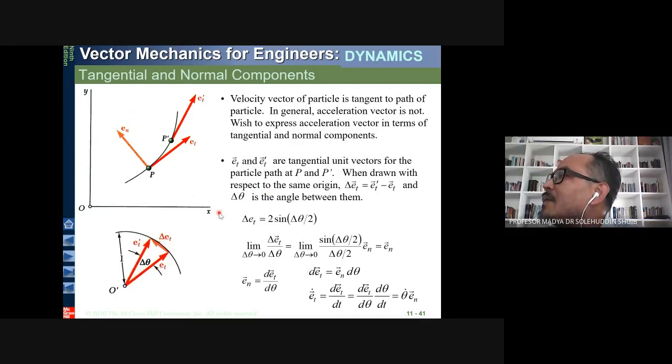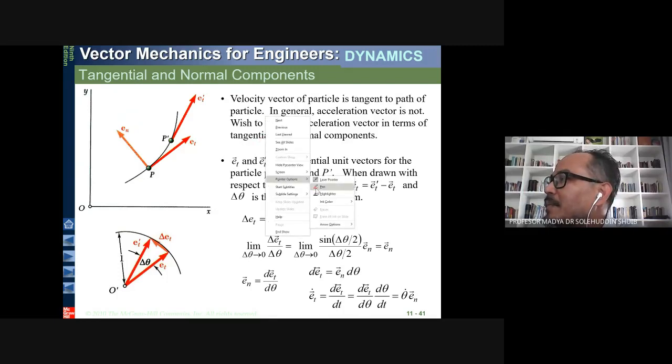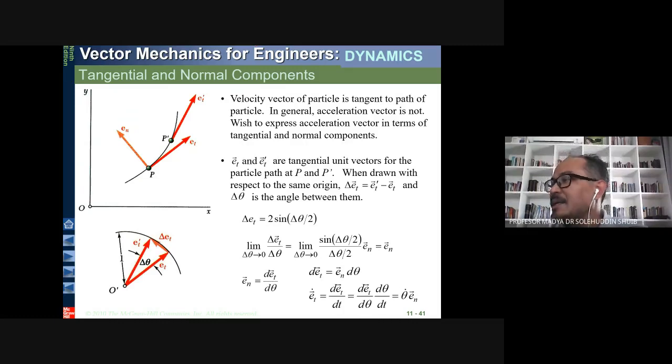We can write it by using this formula. What I would like to highlight here is we want to express the acceleration vector. So our intent is to express the acceleration vector in terms of tangential component and normal component.